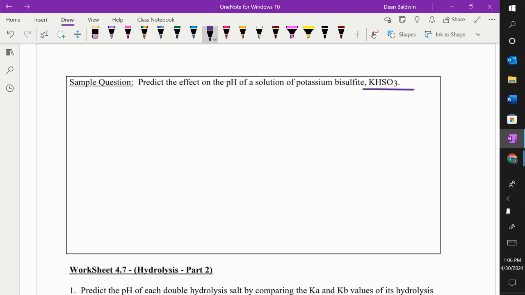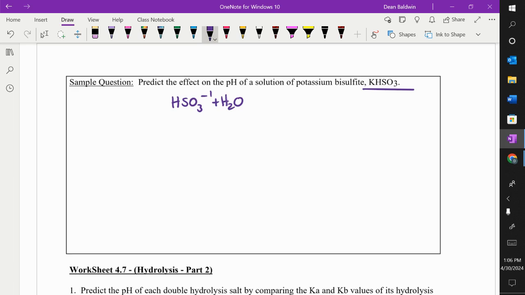Do we care about the potassium? No. So we can ignore that. We have this, HSO3 minus 1. We have water. And I'm purposely writing this in the middle of the table, but you don't have to. So what can it do? It's amphiprotic. It can act as an acid or a base.